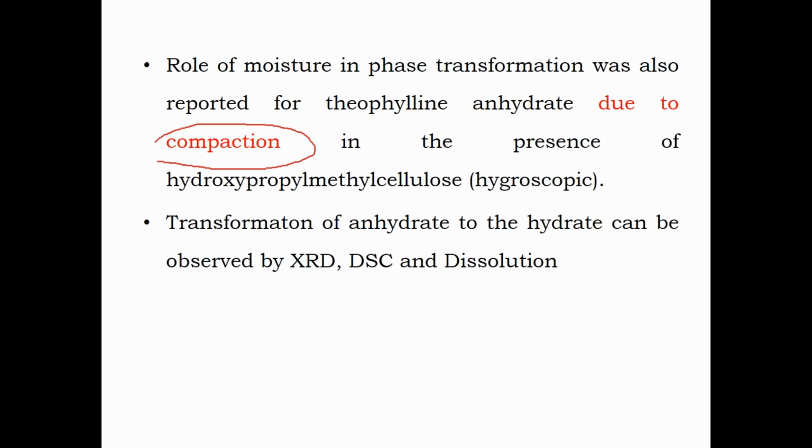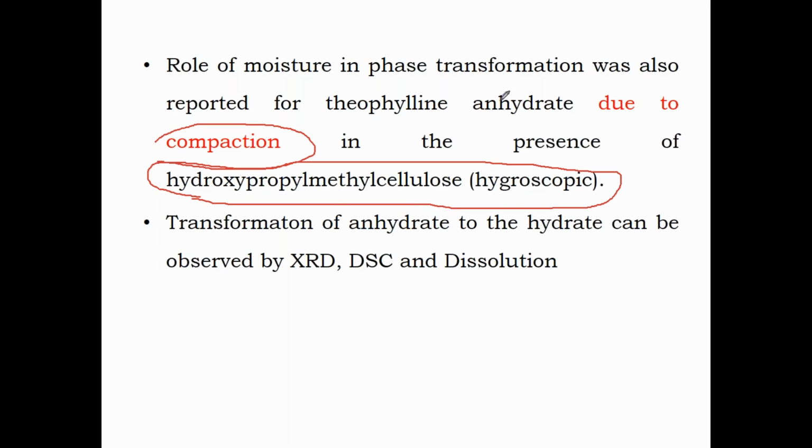Same here, theophylline anhydride was reported. We could see the phase transformation because of moisture absorbance, and that was increased due to compaction in the presence of hydroxypropyl methyl cellulose, which is an excipient. So it's another processing factor we understood, which also results in excipient interaction.